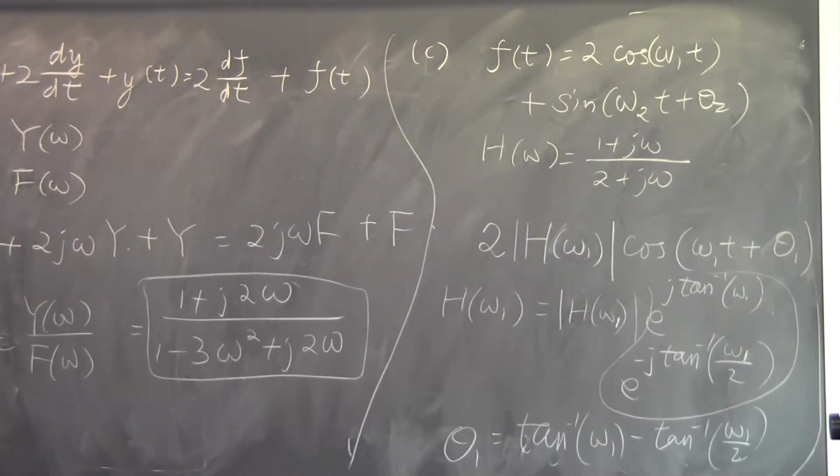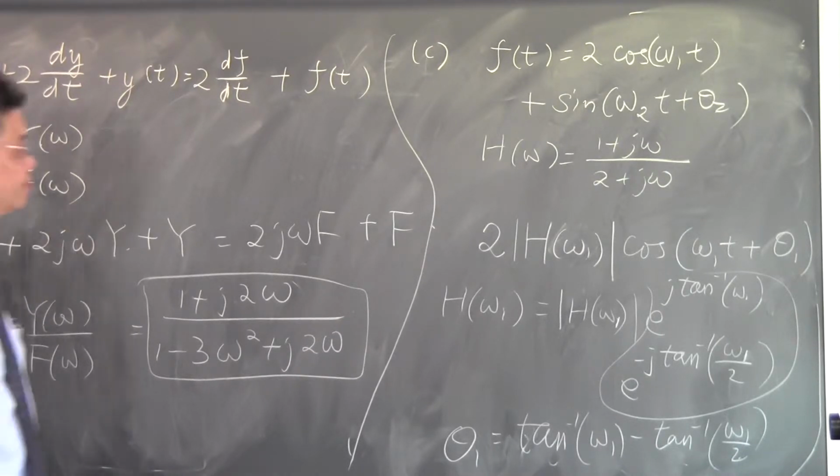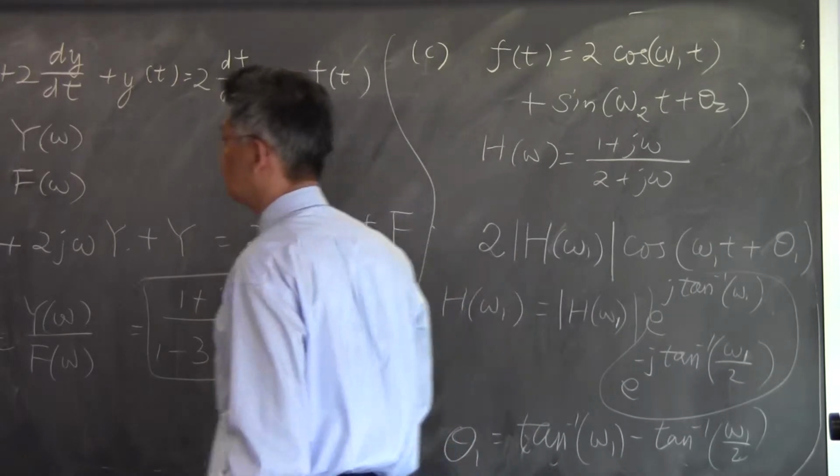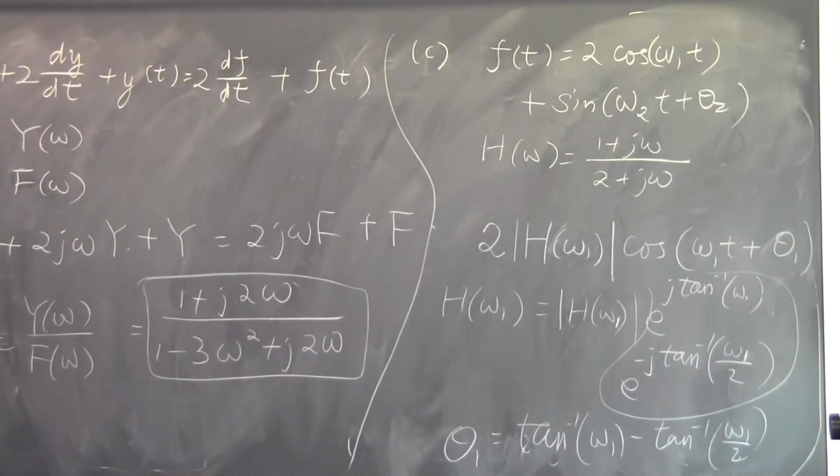If I do it by inspection, then the response to the second term would be just equal to H of omega 2 sine of omega 2 t plus theta 2 plus the necessary phase that I have to compute plus an additional phase.